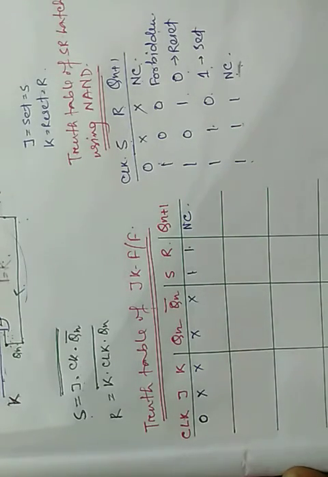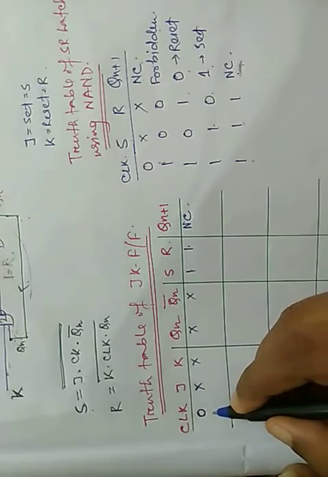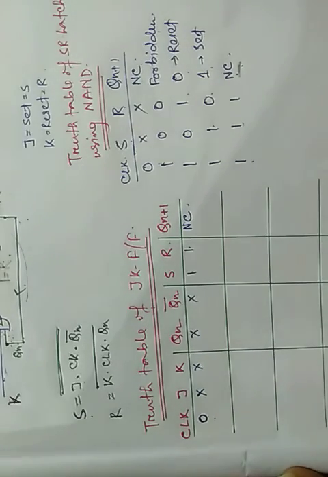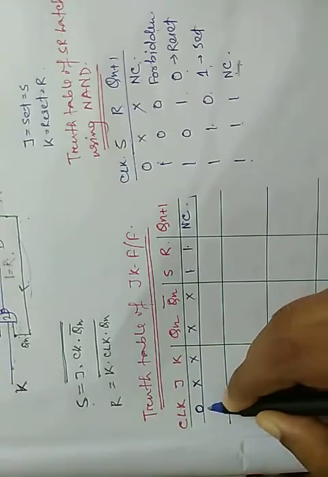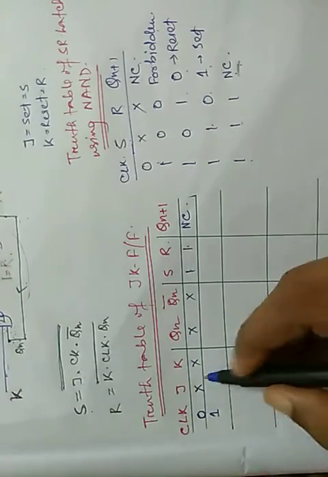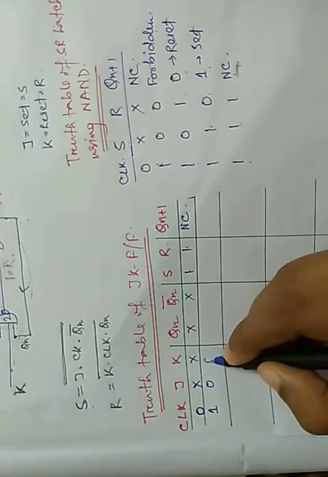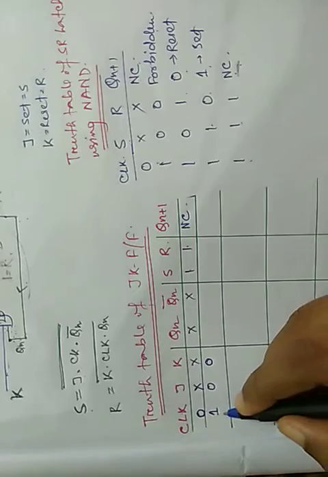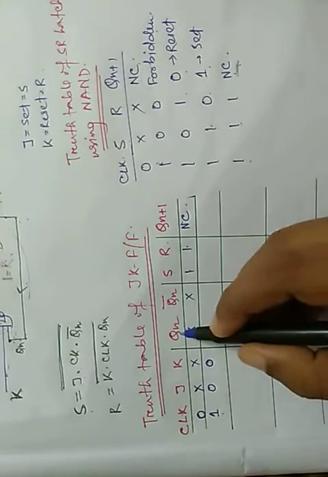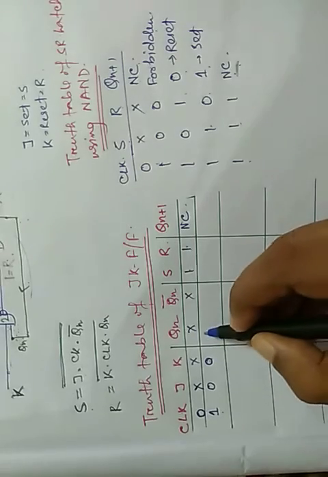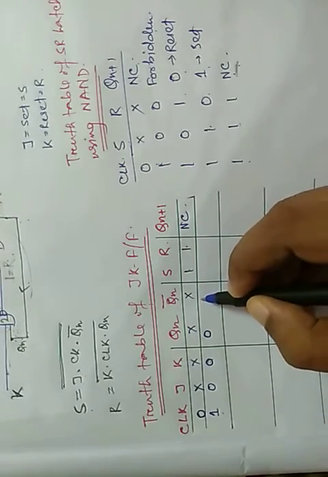Clear? Now we have to check 2 steps. When the clock is 1, our next condition must be checked when the J value is 0 and K value is 0. When the clock is 1, J is 0, K is 0 and Qn is 0, Qn bar is then 1.